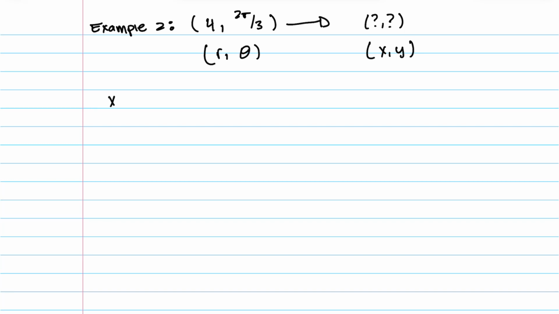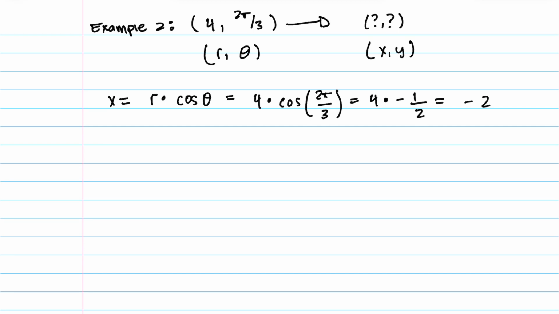To find x, you'll do r times cosine of theta. From this, you know r is 4, and you multiply that by cosine of theta, which is 2 pi over 3. If you simplify this, you'll have 4 times cosine of 2 pi over 3, which is just negative 1/2. And 4 times negative 1/2 is just negative 2.